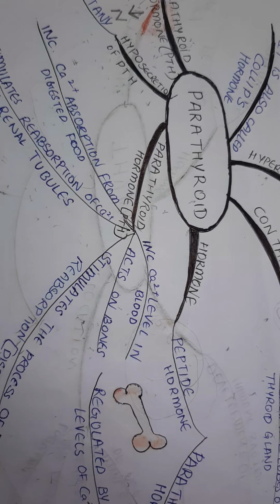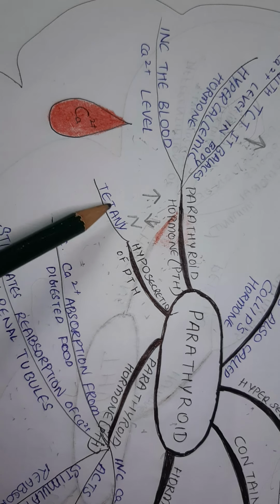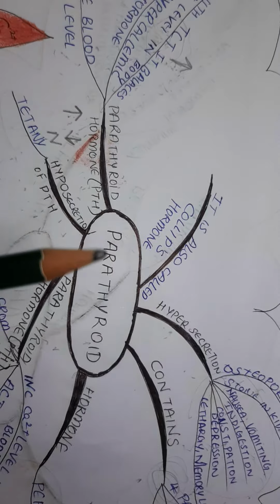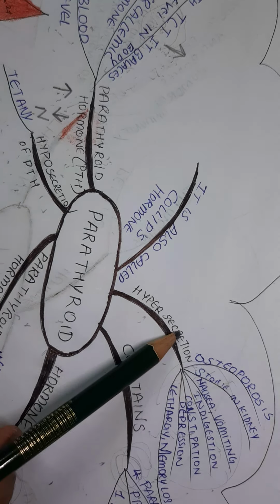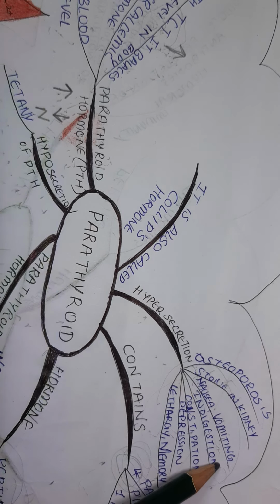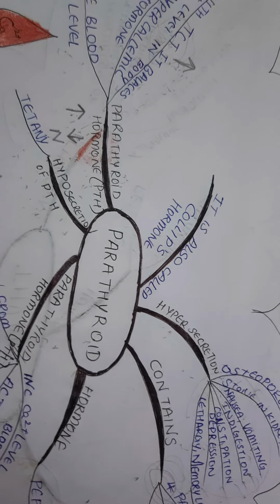Now, what happens if less PTH is secreted in our body, less than what is required? It leads to a disease called tetany. And if more than what is required is secreted, it leads to osteoporosis and stones in the kidney, and the common symptoms include nausea, vomiting, indigestion, constipation, depression, lethargy, and memory loss.